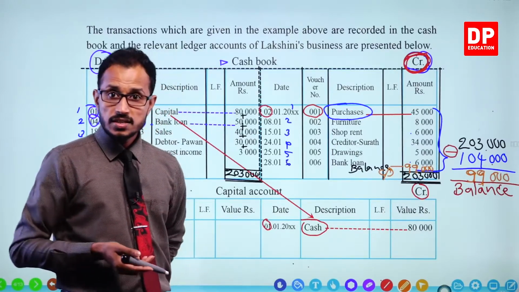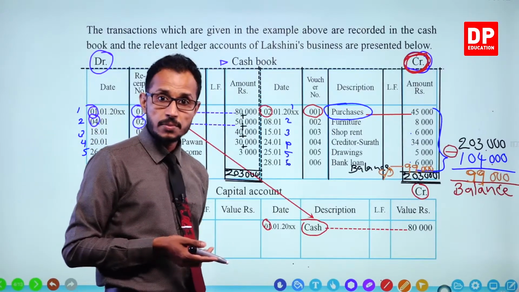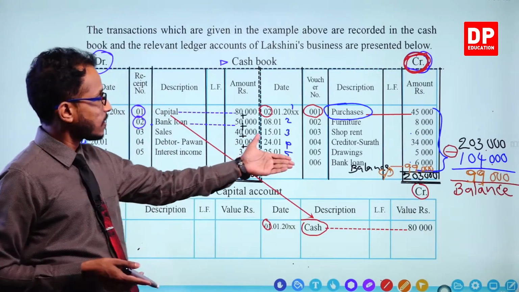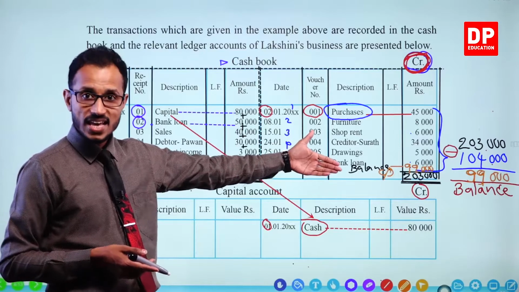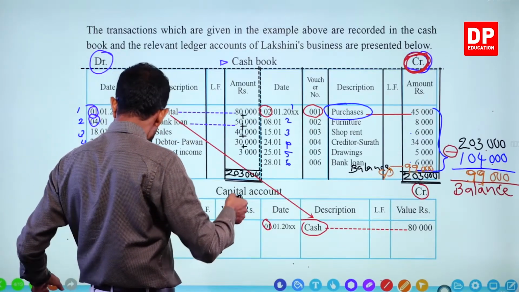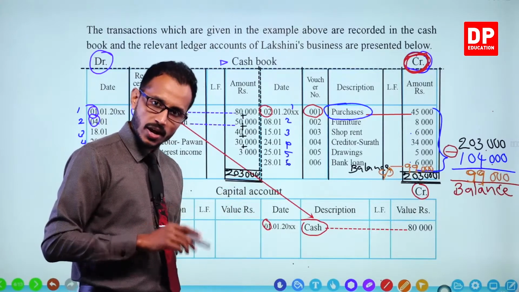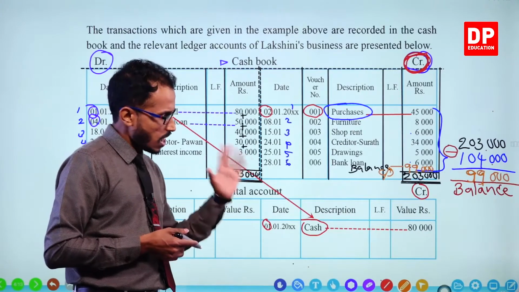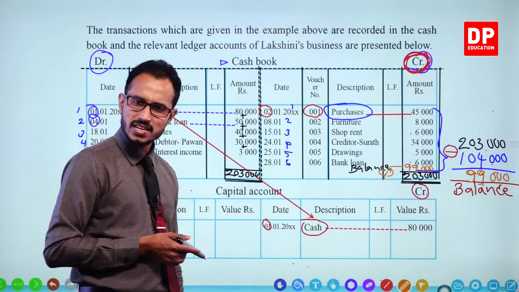Let's do it one more time with another account. So, balancing the cash book, right? Before we go ahead, don't you want to know how this 99 is treated?